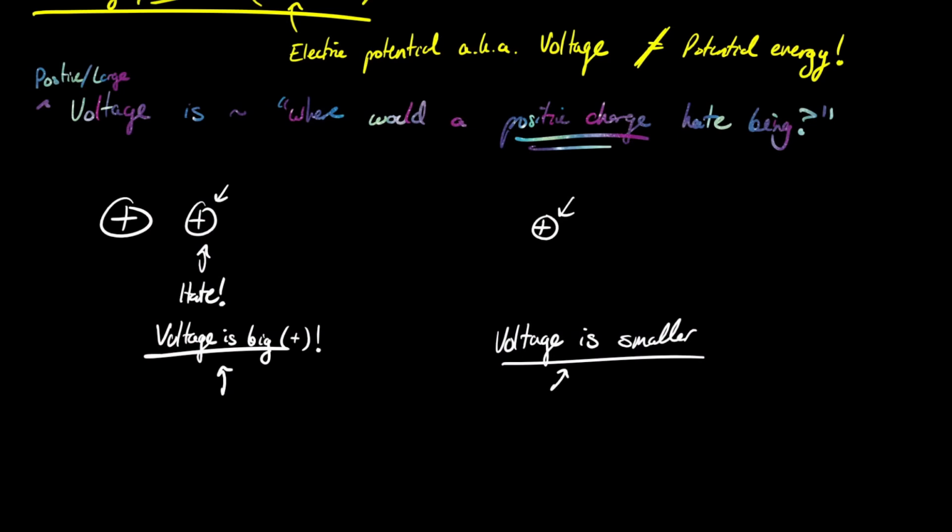Well, yes, that does mean the potential energy is high here, but the definition of voltage is that it's big where positive charges hate being. So the positive charge hates being here, close to the other charge, the pin charge. Therefore the voltage is a big positive number in this area off to the left, and a smaller number off to the right. Again, because we're considering how a positive test charge would respond.